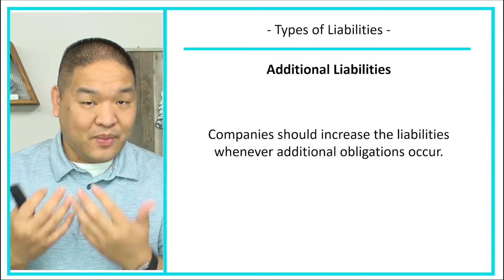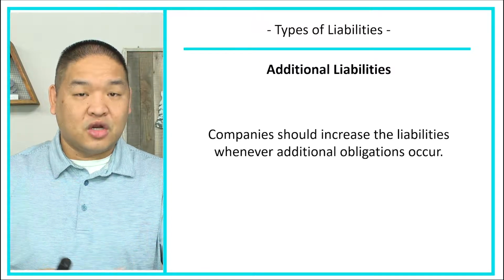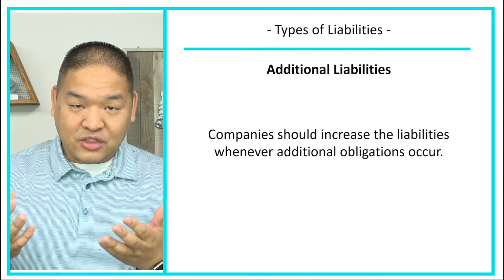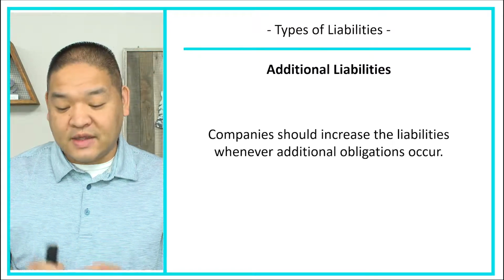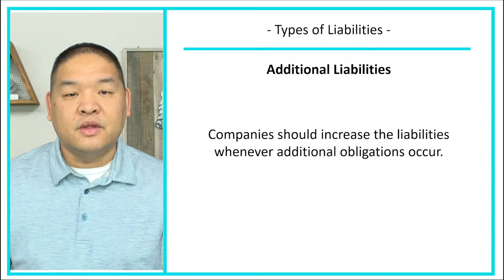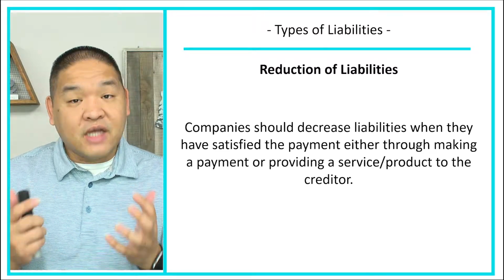Interest payable would be an example with a notes payable: we incur more liabilities because we're borrowing money, and we book an interest payable. So when we incur additional liabilities, we want to book those on our books as well.